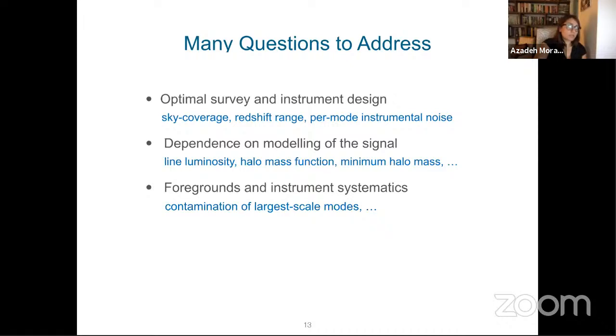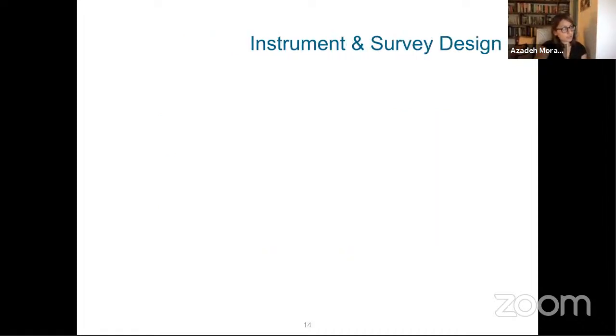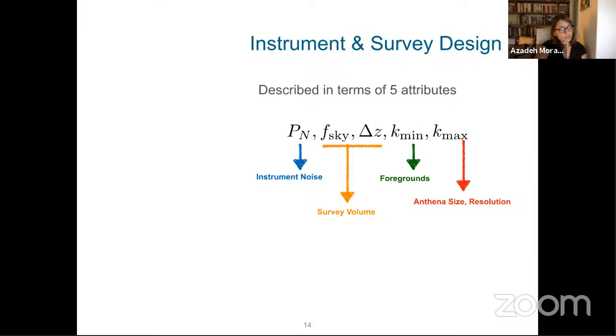In the context of constraining non-Gaussianity from the power spectrum, this has a very important role, because one of the impacts of foregrounds is contamination of the largest scale modes, which, as you saw, are very important in constraining FNL from the power spectrum. And then there are also other questions that you can try to investigate. So let me just focus on the first and third points on that list, the first one being instrument and survey design.